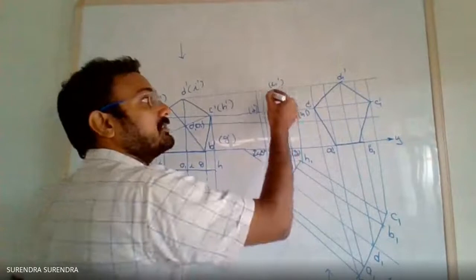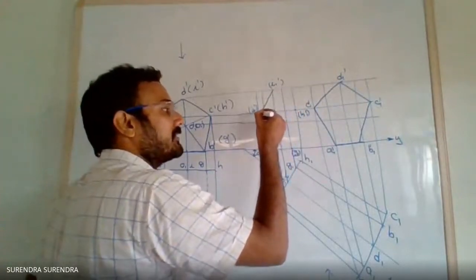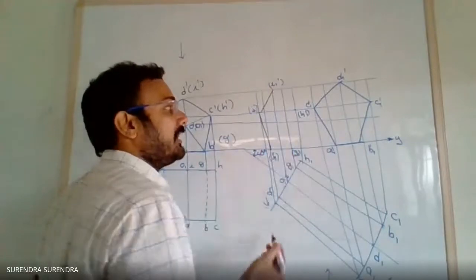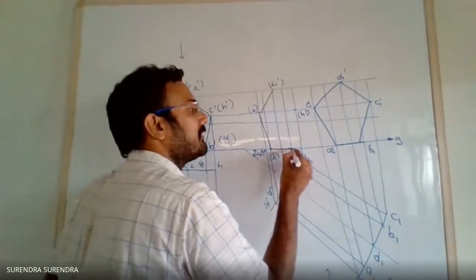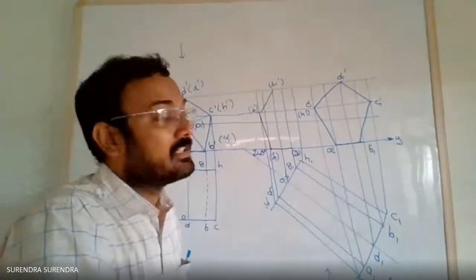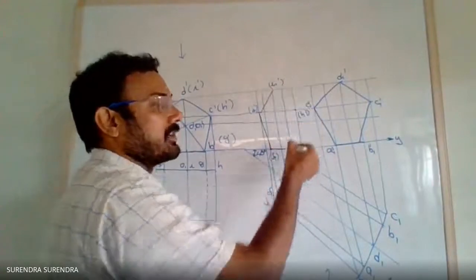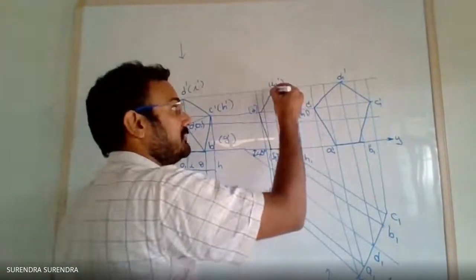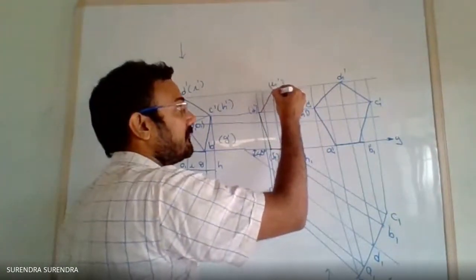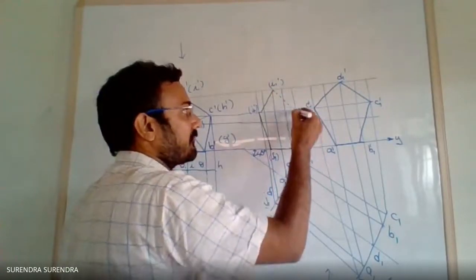So, I is on the boundary line. So, join IJ, JF, FG. IJ, JF, FG as continuous, and these are the only boundaries. The remaining internal edges, join with the dashed line.